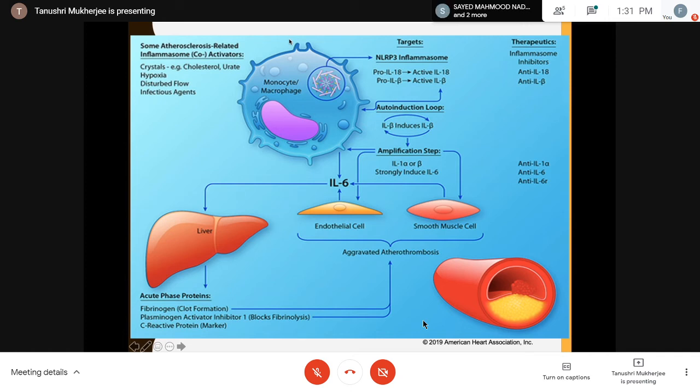So the treatment could be based upon the individual molecule. So the therapeutics like the inflammasome inhibitors which are used, like anti-IL-18, anti-IL-1 alpha. These are the recent advances which I have taken from the 2019 American Heart Association article.